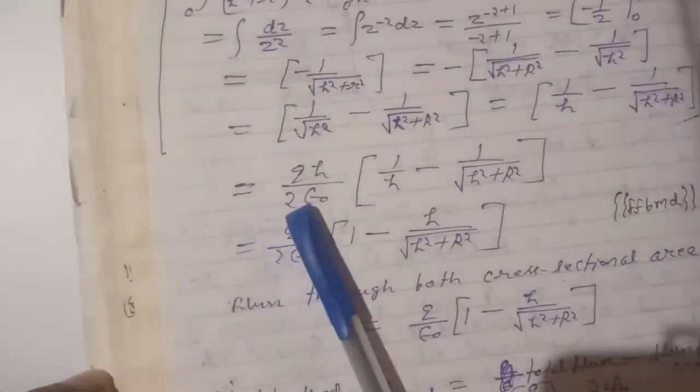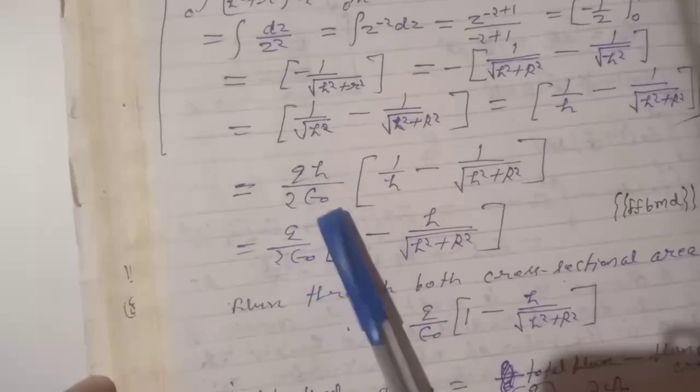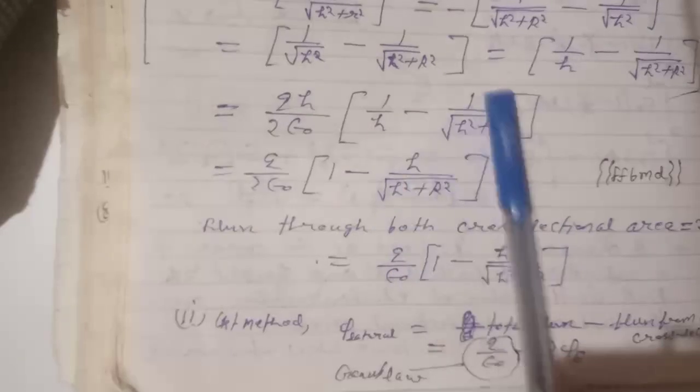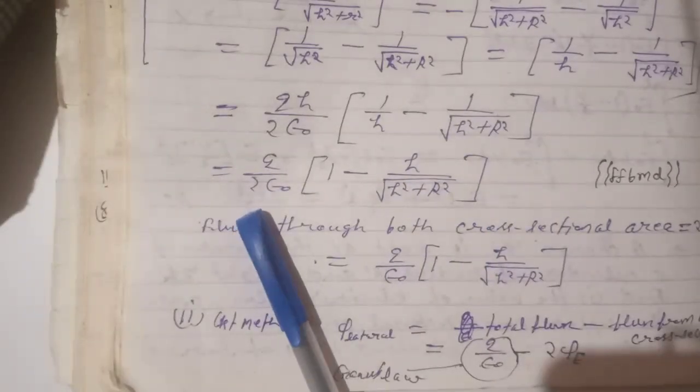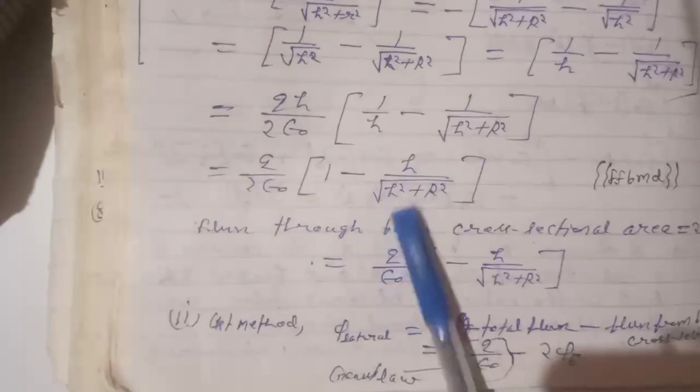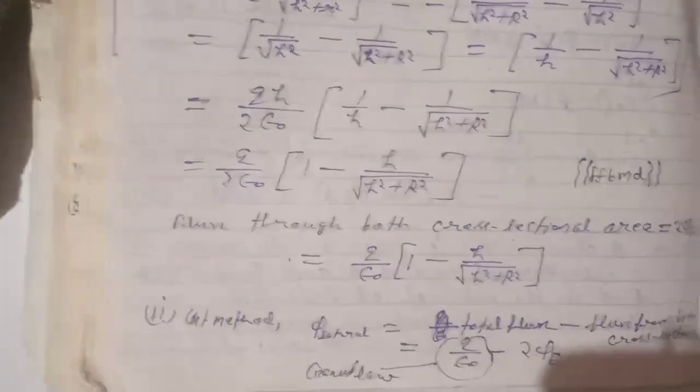So we get finally flux is equal to q into h by 2 epsilon naught into under bracket 1 by h minus 1 by under root h square plus r square, or q by 2 epsilon naught into 1 minus h by under root h square plus r square.